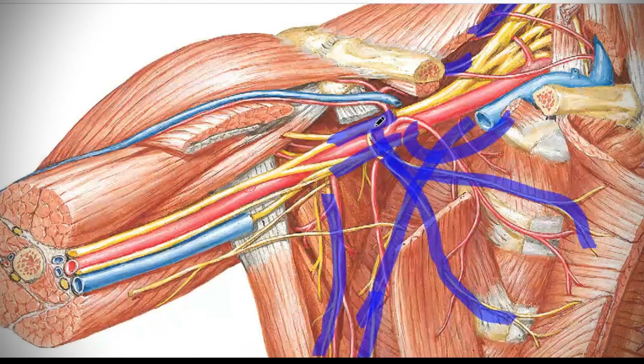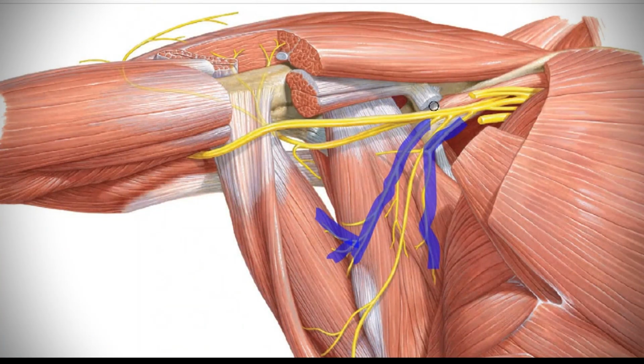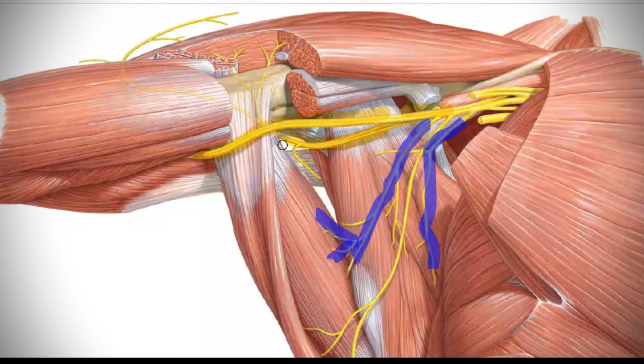Now we go to bundles, and we start with posterior bundle. So as you can see here, this is fasciculus posterior, and it divides into nerves, nervus radialis, this one, and nervus axillaris. Actually, axillary nerve, nervus axillaris, is also related to short branches, although it originated from a bundle, but it's short.